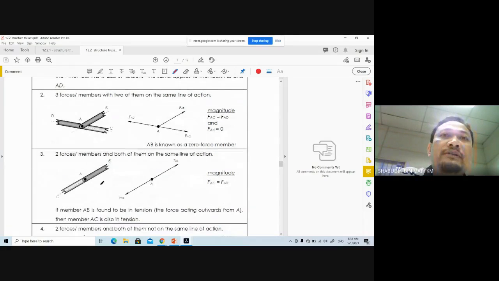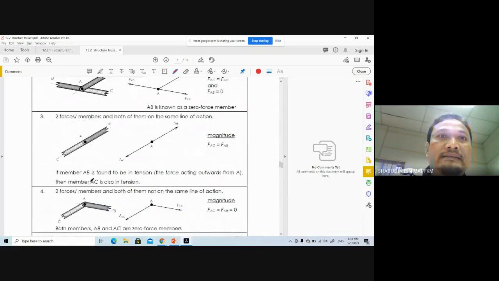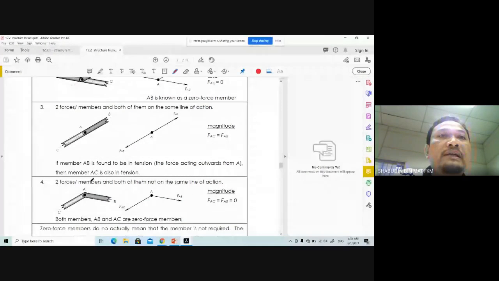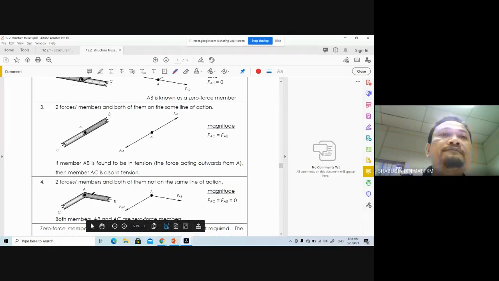And we discussed yesterday, if you have two force members attached in a line, both of them have the same force. If you have two force members not in the same line, then AC and AB are equal to zero.